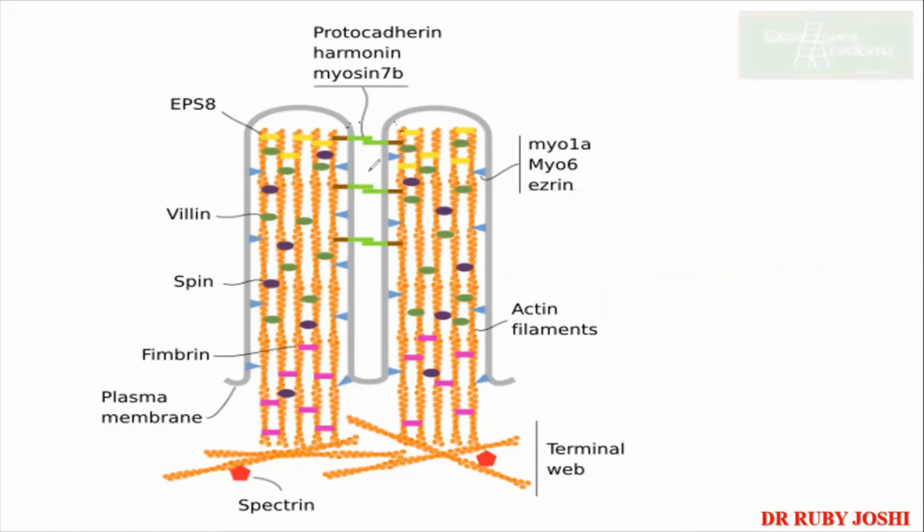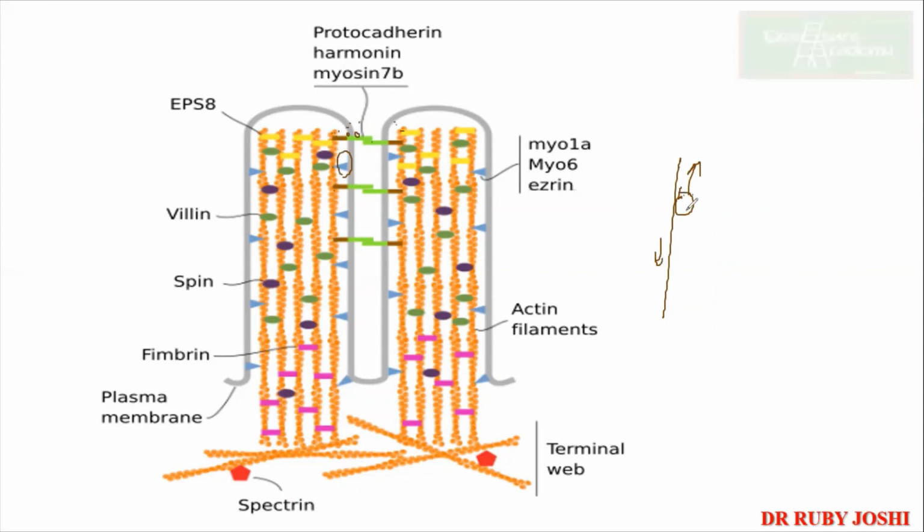So what is happening? Here the proteins are attached, right? When they move, the microvilli move. Are you getting it? How will it move? I don't have the video here. On the actin filaments, myosin is there. Suppose the myosin is moving like this. It is pushing your actin filaments downwards, right?